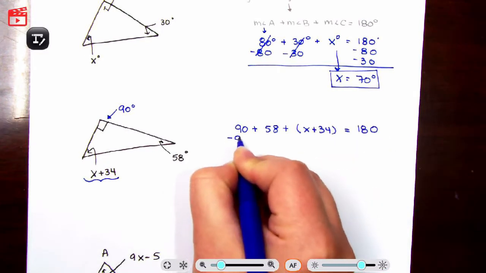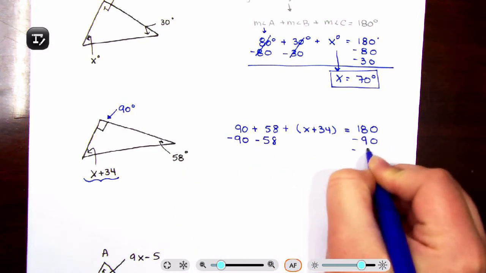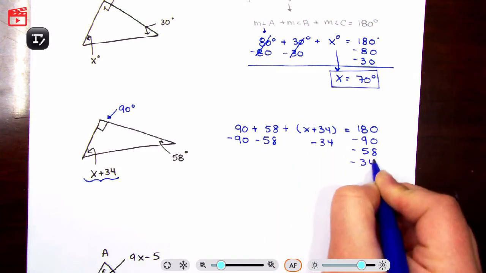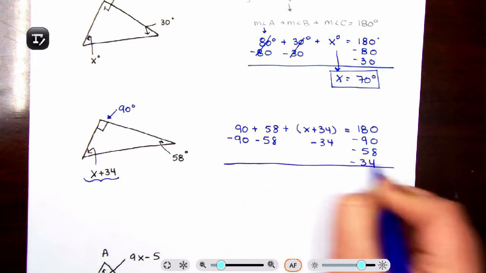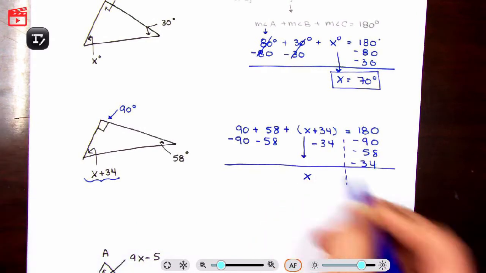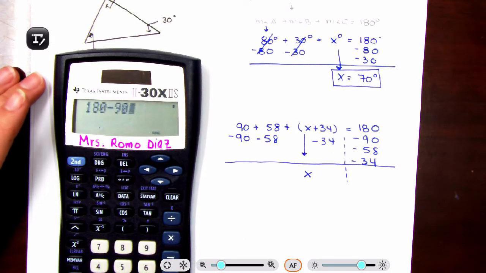Same thing like we did, I'm going to subtract 90, subtract 58, and I'm also going to subtract 34. You can do this all in multiple steps, or you can do it in one step like I'm doing here. I'm going to bring down my x. So we have, once again, 180 minus 90 minus 58 minus 34.